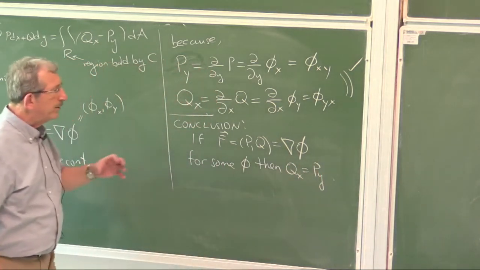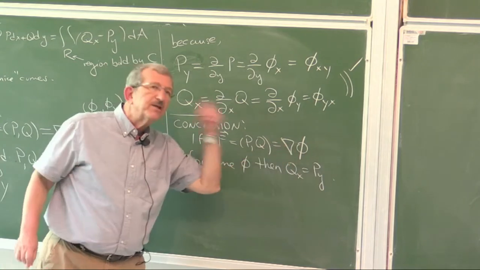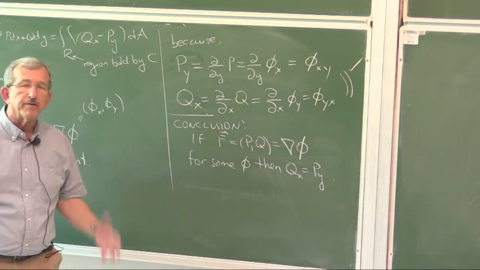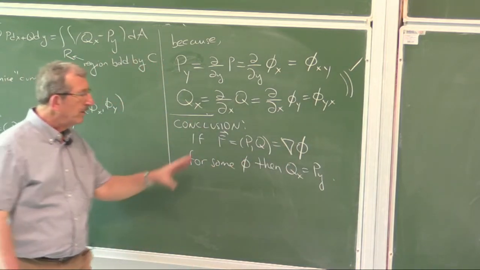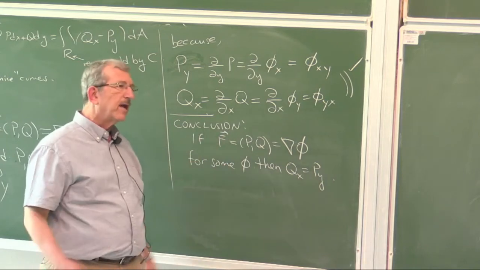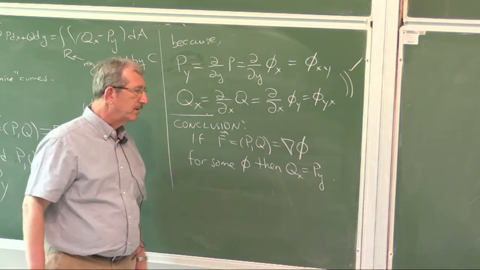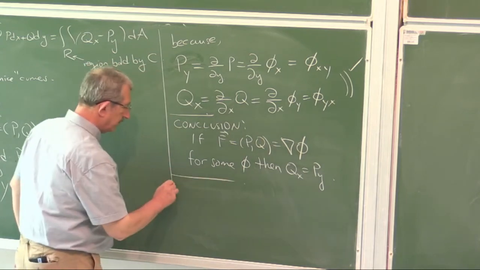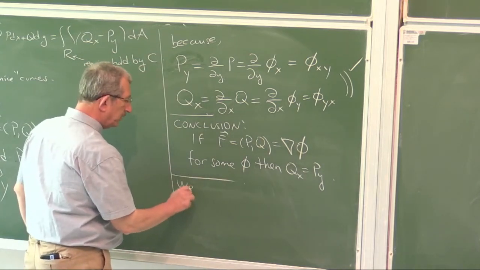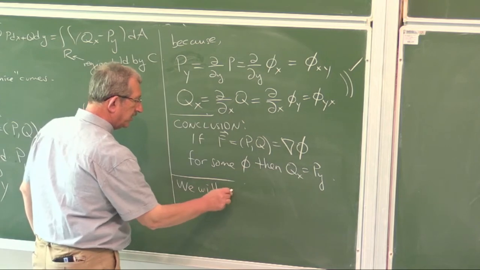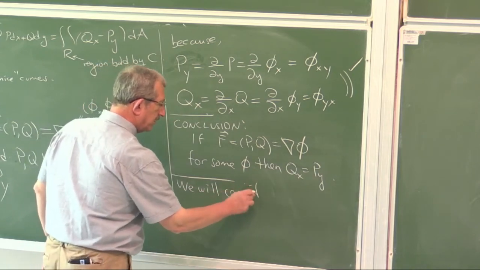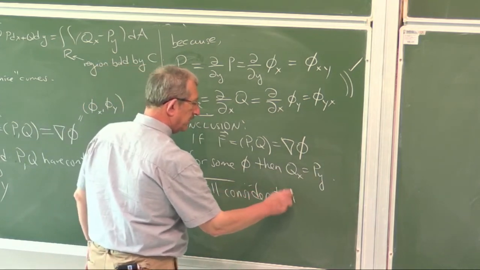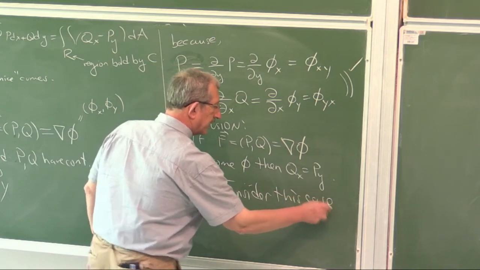So this phenomenon that F is the gradient of something is very important. We will come to this and its physical meaning in detail. So then we will consider this case in detail.